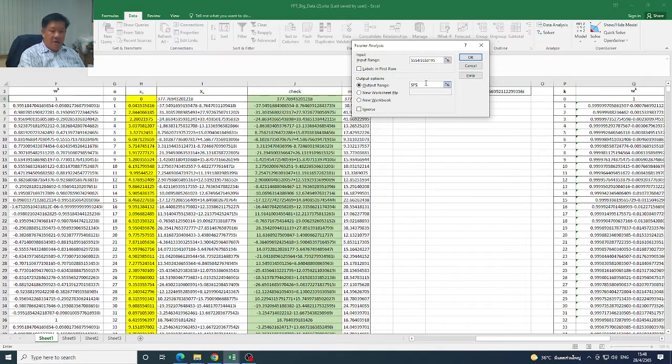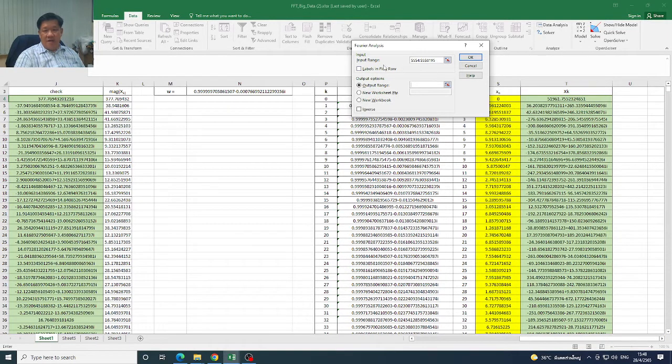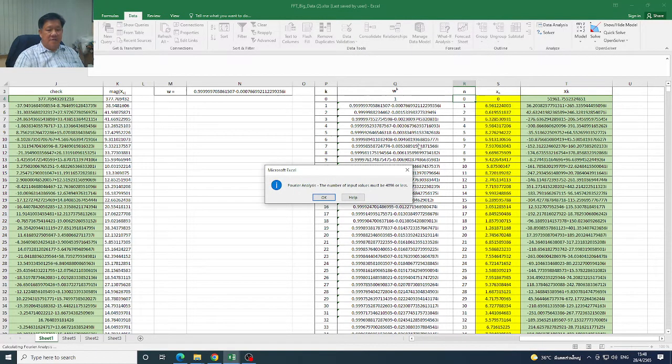My output range has to be here. I want to find the Fourier analysis of all the data series in the yellow shaded area. The output range is here, I put U here, and then I press OK. It will say here for Fourier analysis, the number of input values must be 4,096 or less.